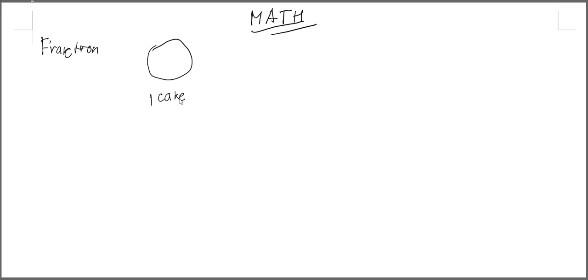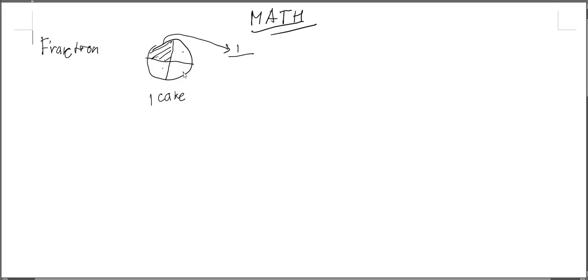Then you will be celebrating your birthday with four people, including you. So you need to cut this cake into four pieces. There are four pieces of cake, and this one piece of cake is the fraction.